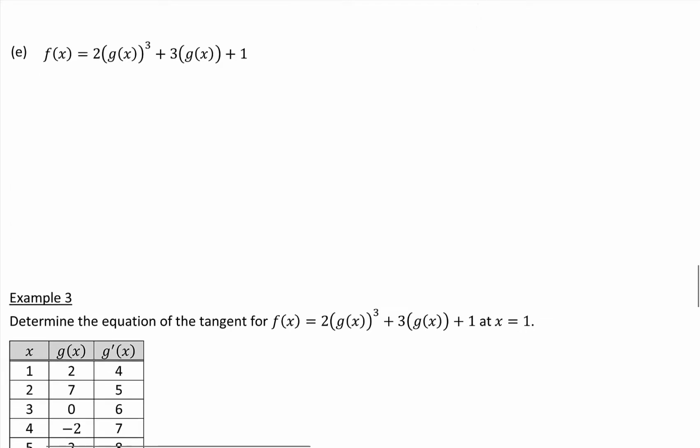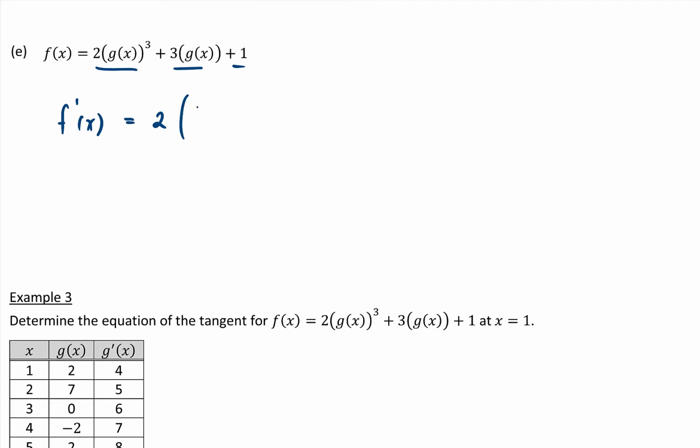And the final one, e, f prime of x. This one, we're just going to take the derivative of each of these independently. So this is 2 times the derivative of g of x cubed. So using our chain rule, or in fact our power of a function rule, this is 3 g of x all squared times the derivative of the inside, that's g prime of x, plus 3, the derivative of g of x is g prime of x, plus 0.